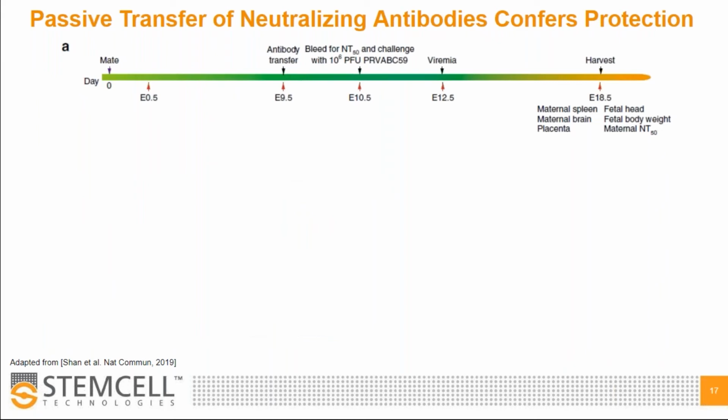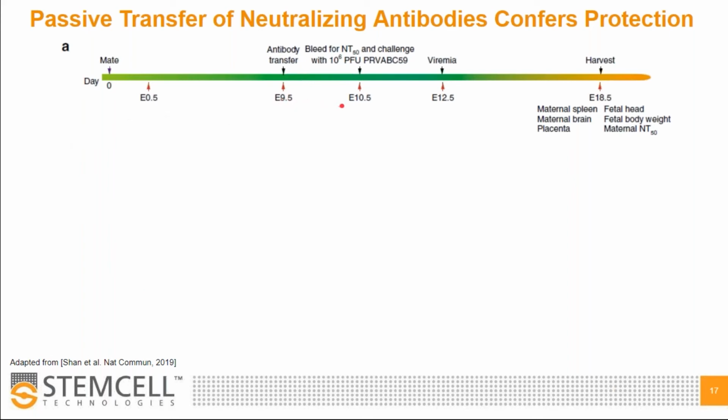Next, they wanted to see what the minimum necessary neutralizing antibody titer was to protect the mothers from viral challenge. For this purpose, they did a passive transfer experiment where they took immune sera from mice that had been previously immunized with Delta 10 and transferred these immune sera to pregnant mice at E9.5.